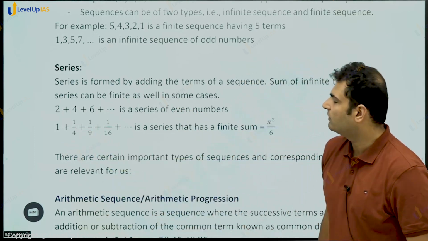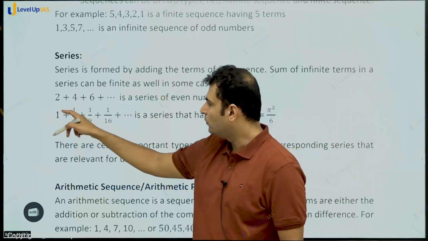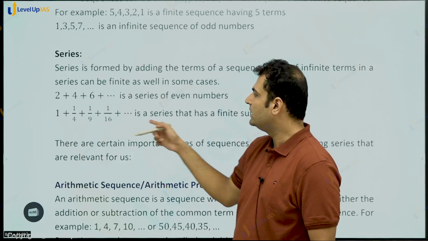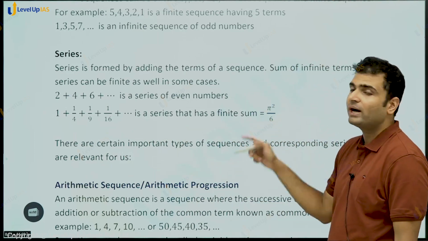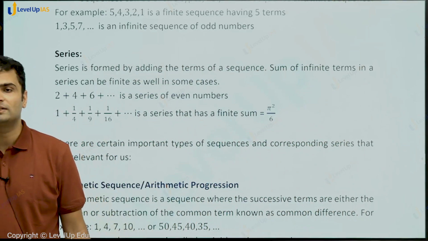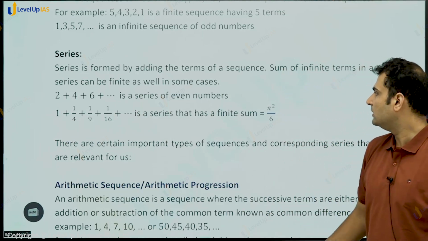So 1 plus 1 by 4 plus 1 by 9 मतलब ये क्या series है? 1 by 1 square plus 1 by 2 square plus 1 by 3 square plus 1 by 4 square, etc. If you add these terms, they all go to this sum, pi square by 6. Pi comes at very different places in mathematics. It's a very intriguing constant in that sense.